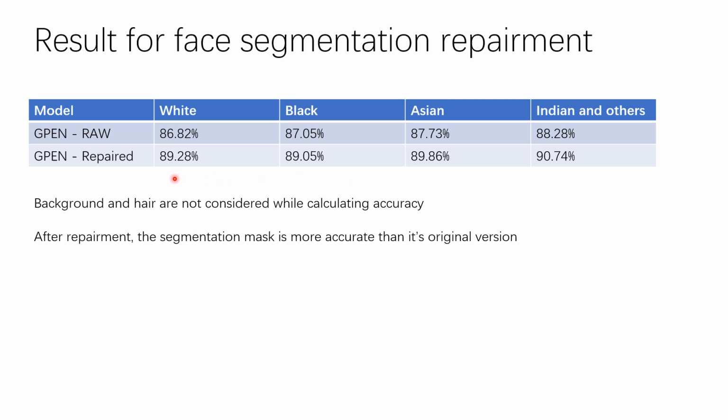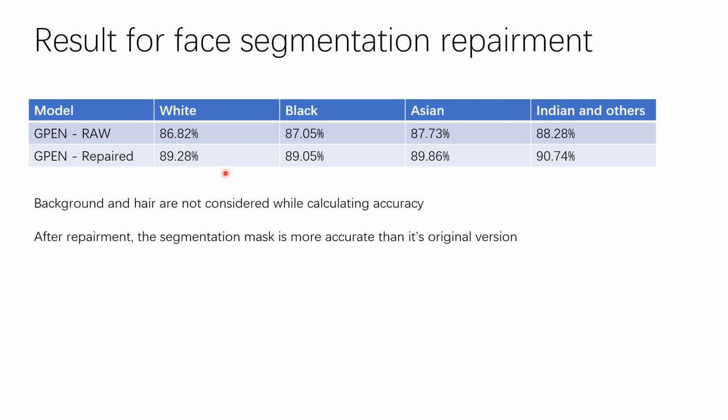By accuracy, I mean that if one pixel from the mask has the same semantic group as the original or the ground truth mask, then I consider it the same, and you add all the correct pixels together and have it over the total pixels. So we have an accuracy. And to be clear, the background and the hair are not considered while calculating this accuracy.